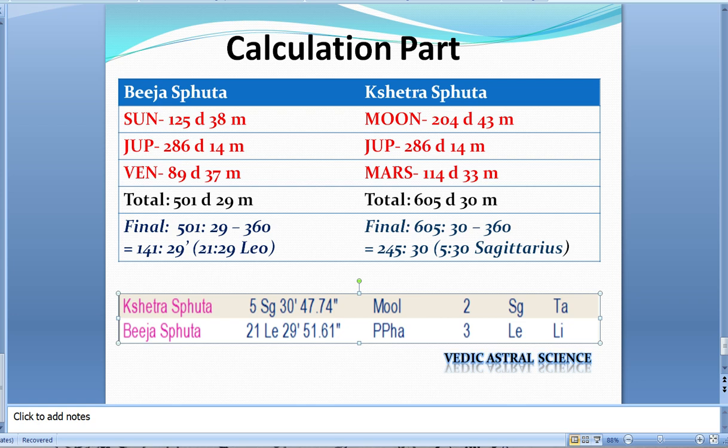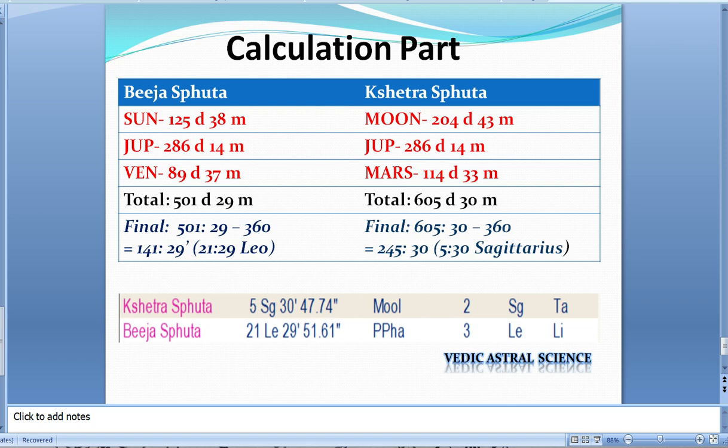So Beeja Sphuta is placed in odd signs in both Rashi and Navamsa. So we can conclude that there is a fair enough chance, or a very good fertility potential, of the male, because Beeja Sphuta is placed in odd signs in both Rashi and Navamsa.